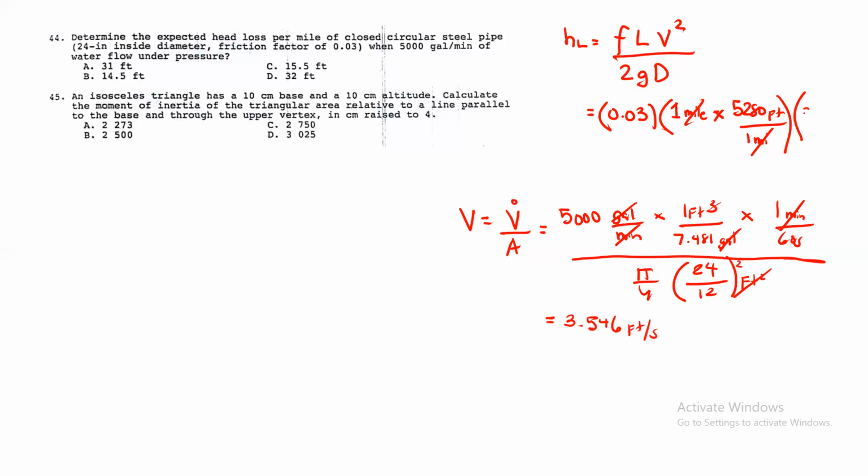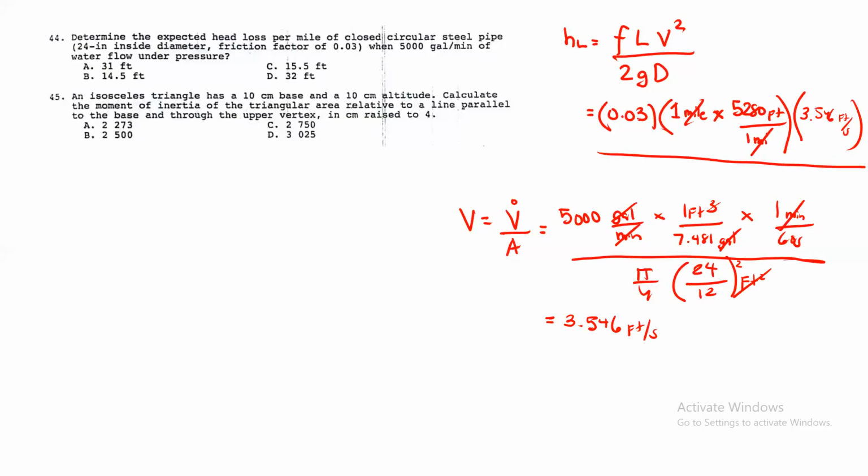So, 3.546 feet per second divided by 2 times 32.2 feet per second squared times, so ilan yung diameter natin? 24 inches.